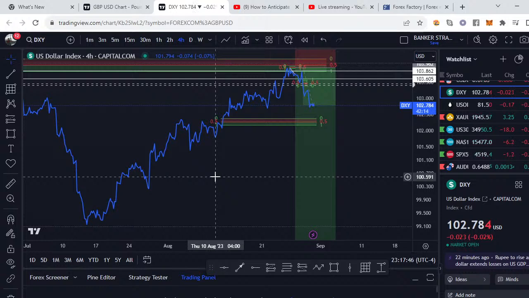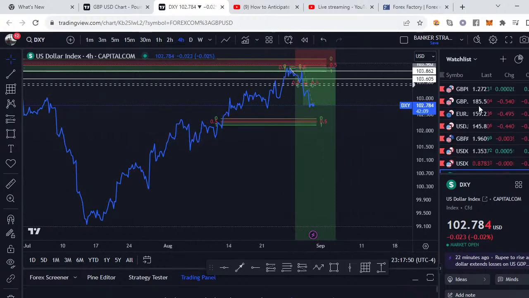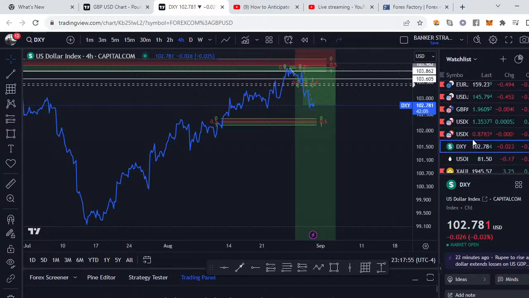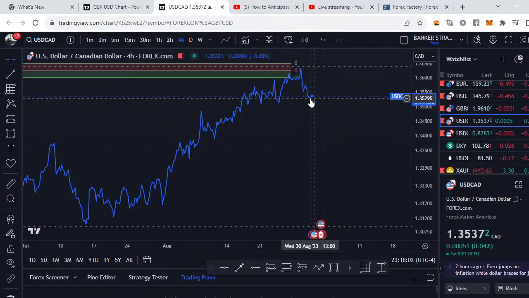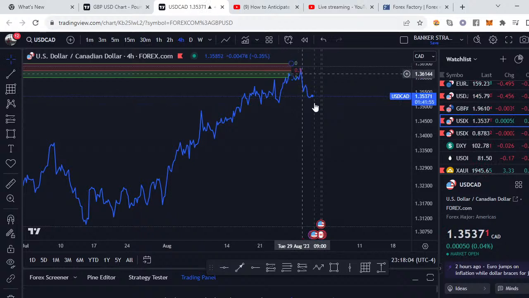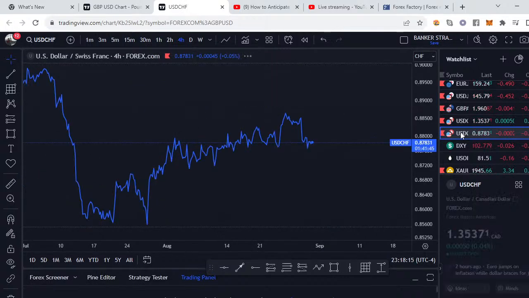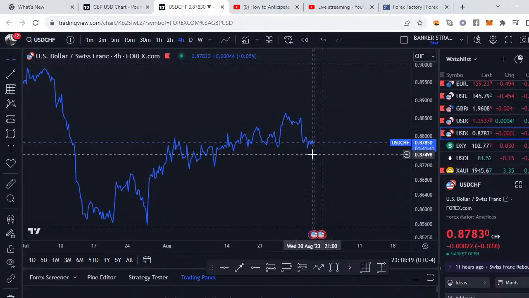If USD is in the front and the dollar is going down, say we're looking at USD CAD, let's look at USD CAD. If the dollar's going down, what do you think USD CAD is doing? It's going down. If the dollar's going down, what is the United States dollar versus the Swiss franc doing? It's going down.